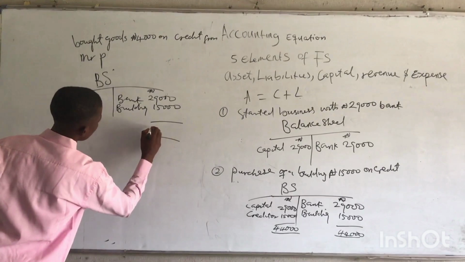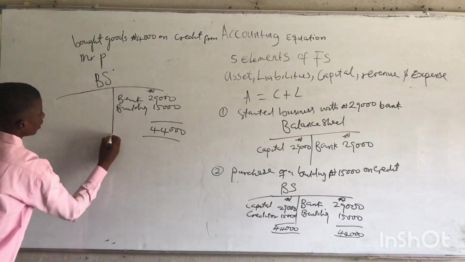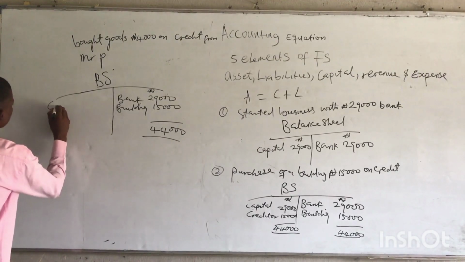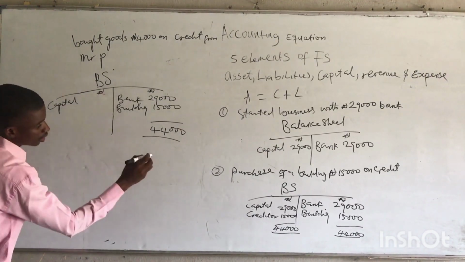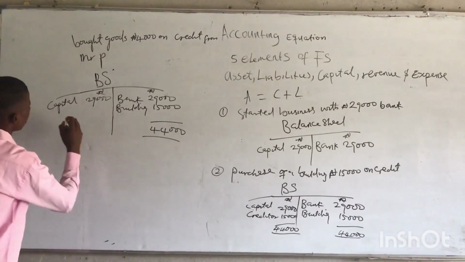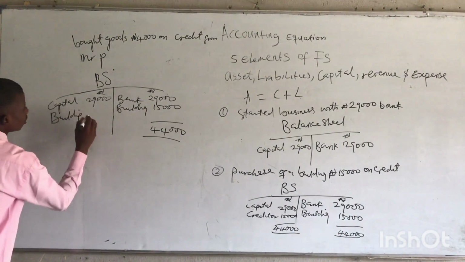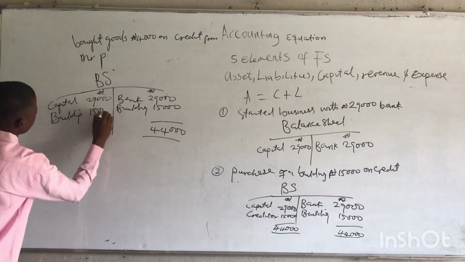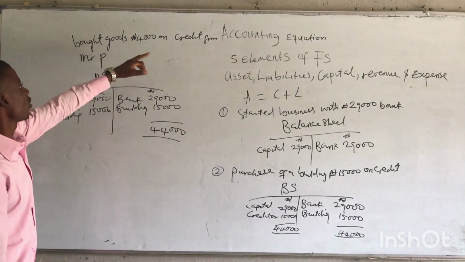All goes to 44,000 naira. Then at the equity side, we have capital 29,000 naira and building 15,000 naira. And now the transaction says bought goods 4,000 naira on credit from Mr. P.